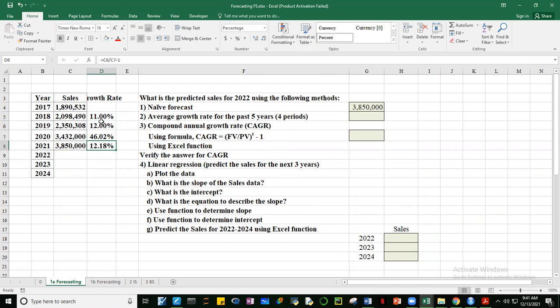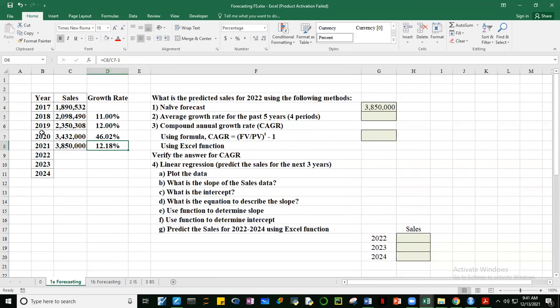So you can see here that between 2018 and 2017, sales increased by 11%. Between 2019 and 2018, it increased by 12%. And there was a huge increase here between 2020 and 2019, 46%. And it tapered off to 12.18% from 2021 to 2020.